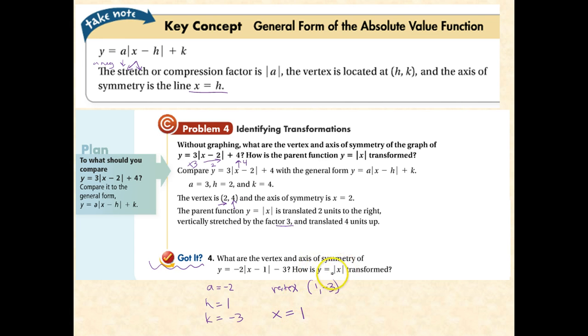And how is this a transformation of the parent function?